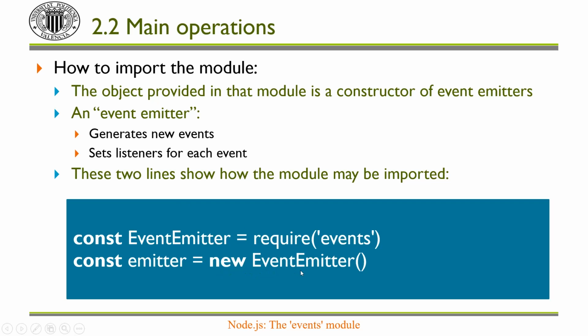So we should apply the new instruction in order to create an instance of that class. Indeed, these two lines may be compacted in a single one, but using two lines, we may generate clearer programs.